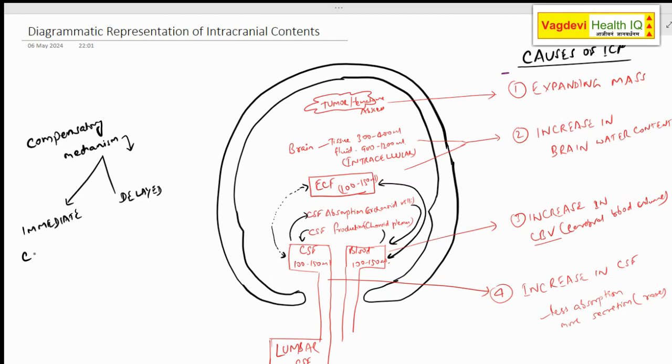In the immediate case, either CSF volume is down and CSF is coming down into the lumbar area, or there is low cerebral blood volume. This is how it will get compensated immediately. But in the long term, what can it be?